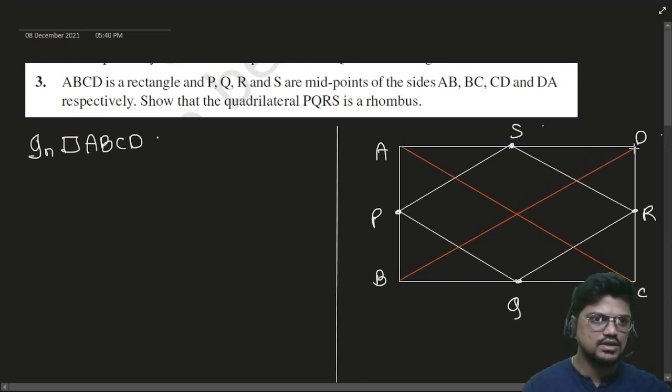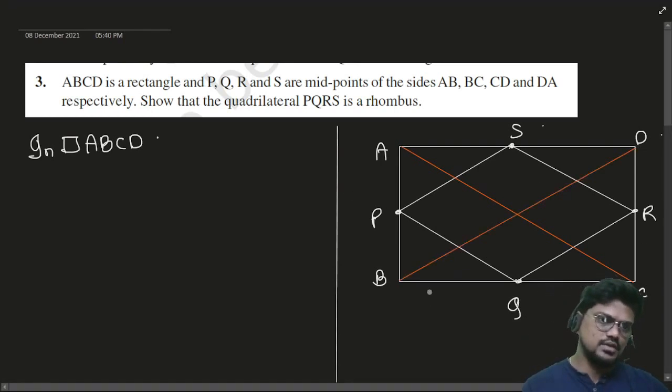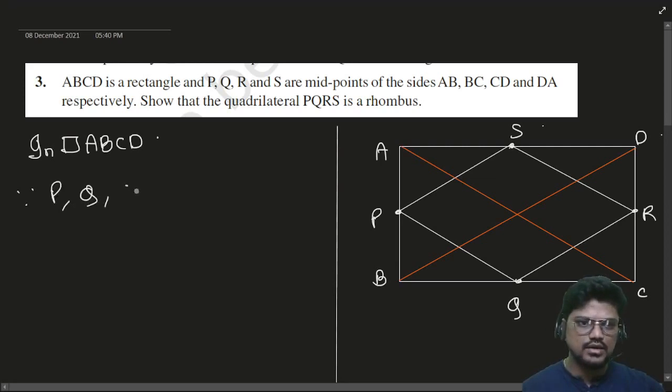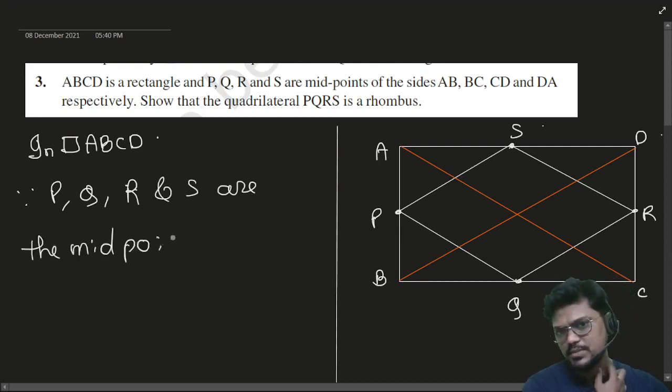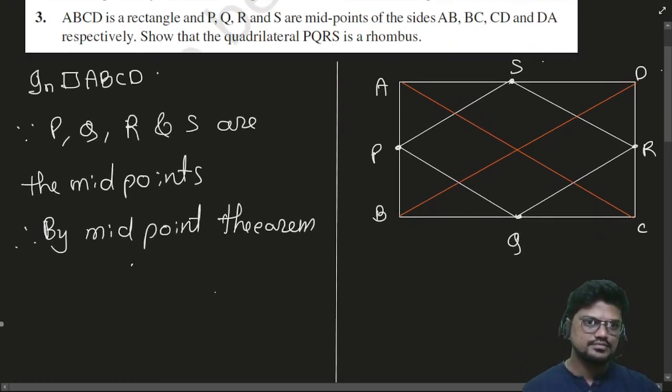Since P, Q, R, S are the midpoints, by midpoint theorem, PS is parallel to BD is parallel to QR.